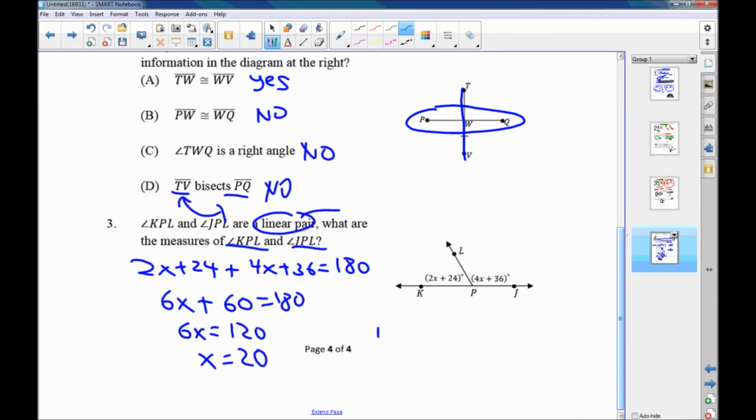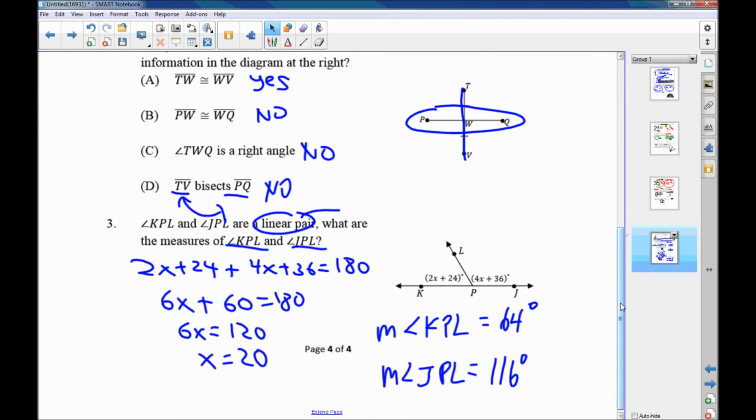The measure of angle KPL, we plug 20 in here, that's 40 plus 24, which is 64 degrees. And the measure of angle JPL, well, 20 times 4 is 80, and 80 plus 36 is 116 degrees. Notice if you add these two together, we get 180. All right, I'll see you in class next time to practice some of this.